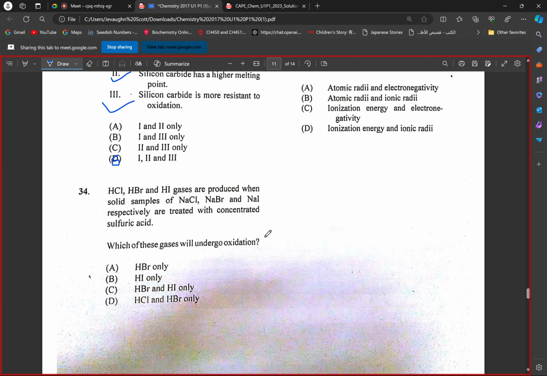Interesting. Therefore, what would be the highest one? What would be the ones that undergo oxidation then? The bromide and the iodide, right? Yeah, I say yes.